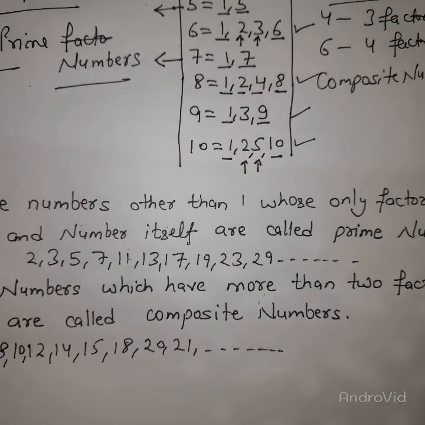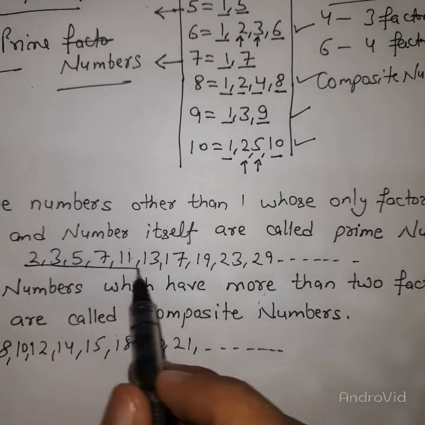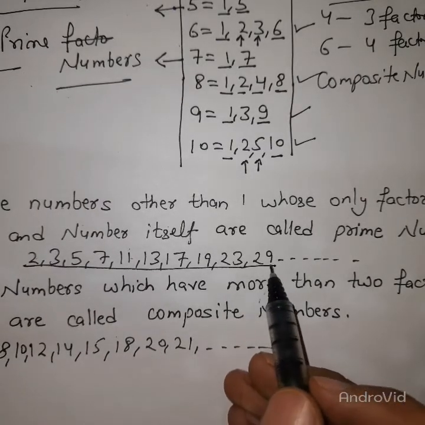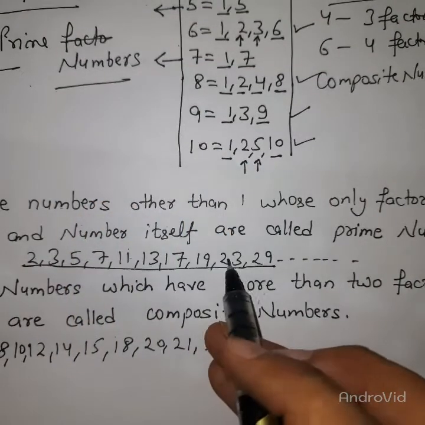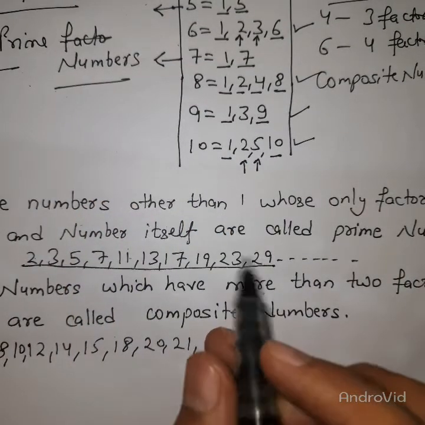For example 2, 3, 5, 7, 11, 13, 17, 19, 23, 29. All of these numbers have exactly two factors. So these numbers are called prime numbers.